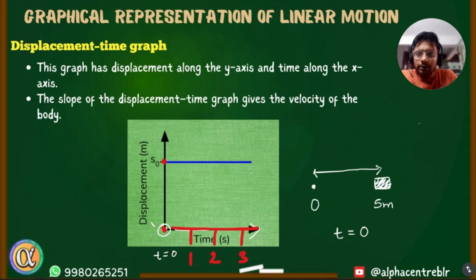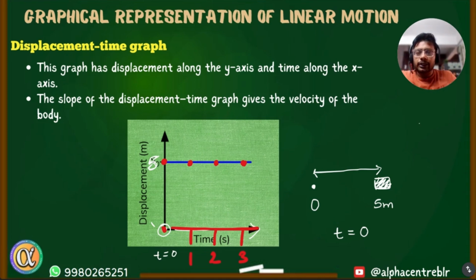It is s naught. Let's give that s naught a value, let's say 5 meters. So the displacement at 0 seconds is 5 meters. Similarly, at 1 second? Again 5 meters. At 2 seconds? Again 5 meters. And at 3 seconds, again 5 meters.